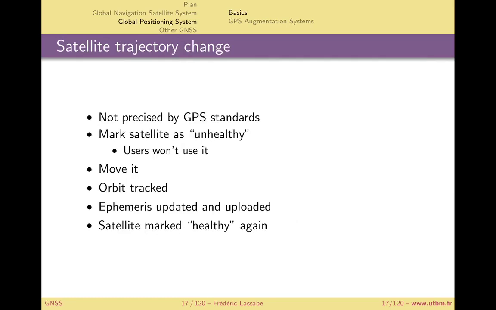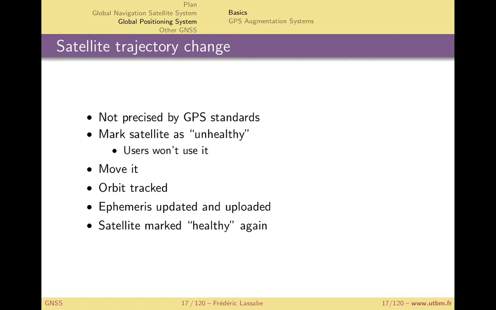So the problems that you can encounter from the control segment point of view might be a satellite trajectory change, for instance. It's not precise in the GPS standards, but they found a hack in the standard, which is to mark a satellite as unhealthy, so that the user devices won't use this satellite's information to compute their location.